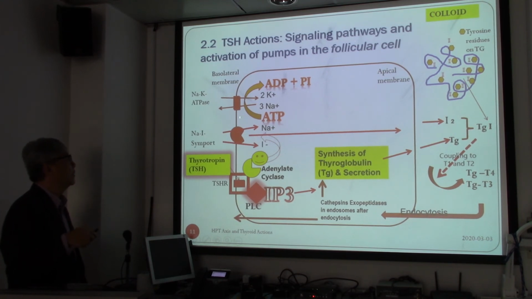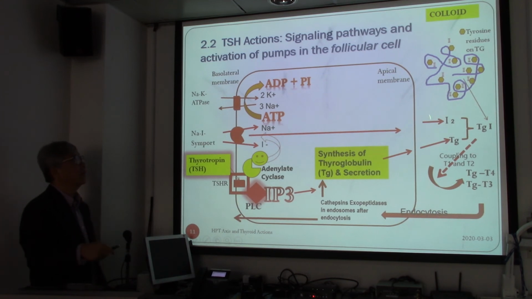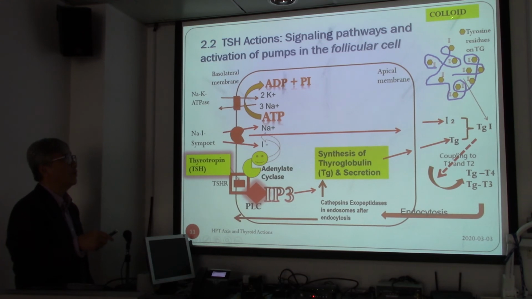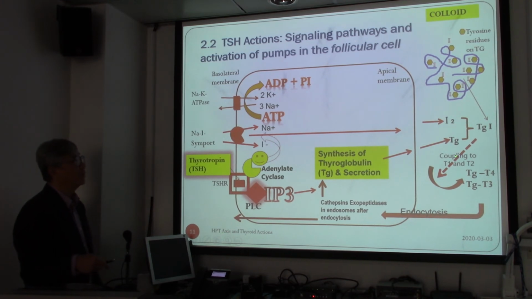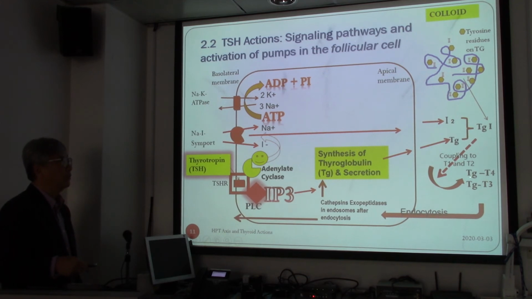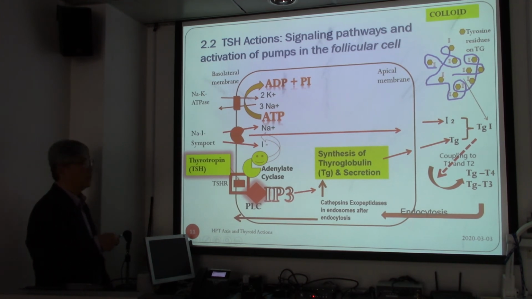The basolateral membrane, we have these transporters to bring in iodine by the sodium iodide symporter, for these iodination steps in the colloid to produce iodinated MIT and DIT, following with coupling effect, and then producing T4 and T3. So keep recycling. All these steps are activated by TSH or thyrotropin, thyroid stimulating hormone.